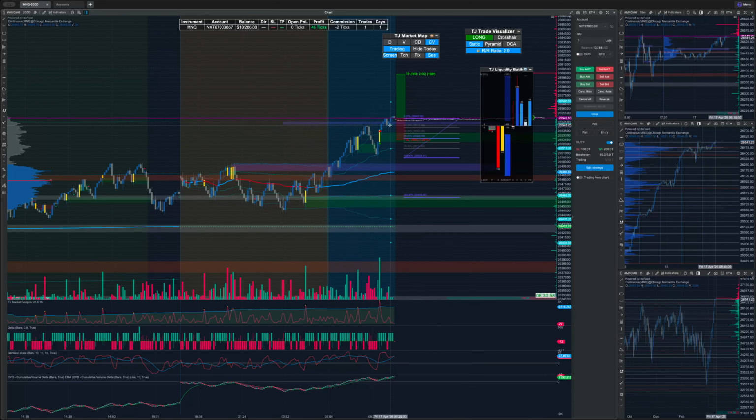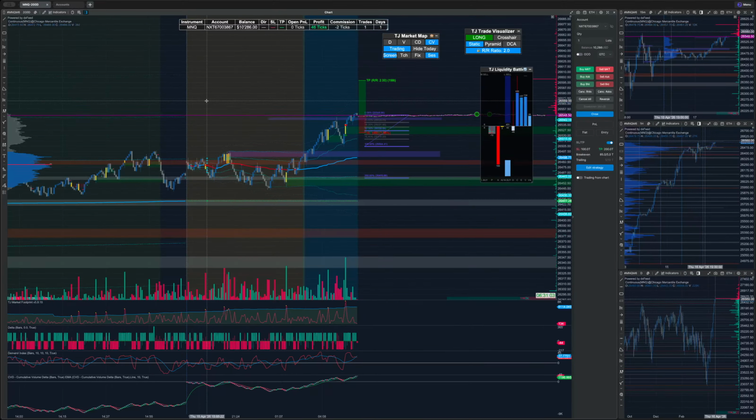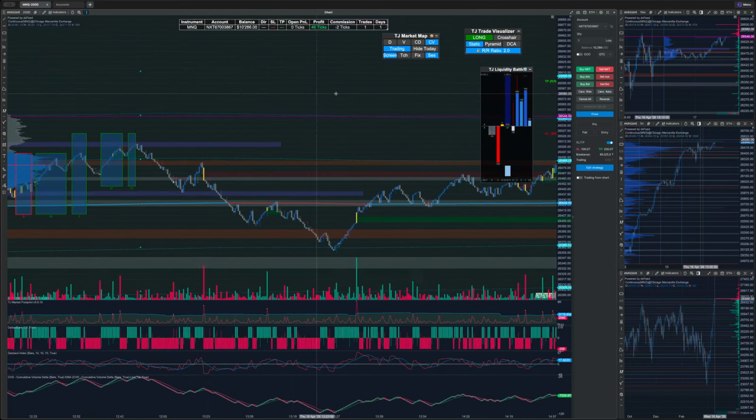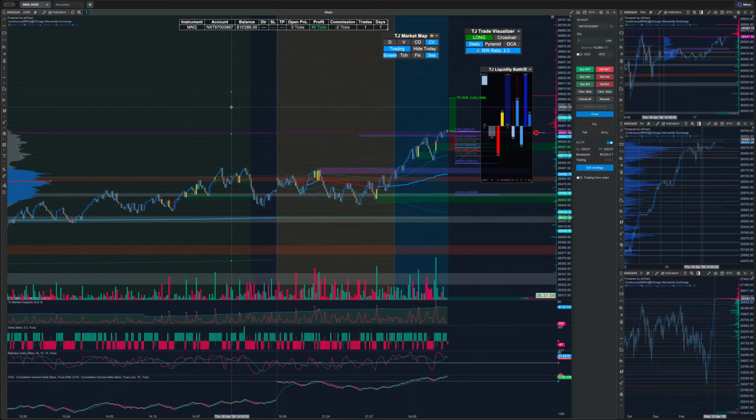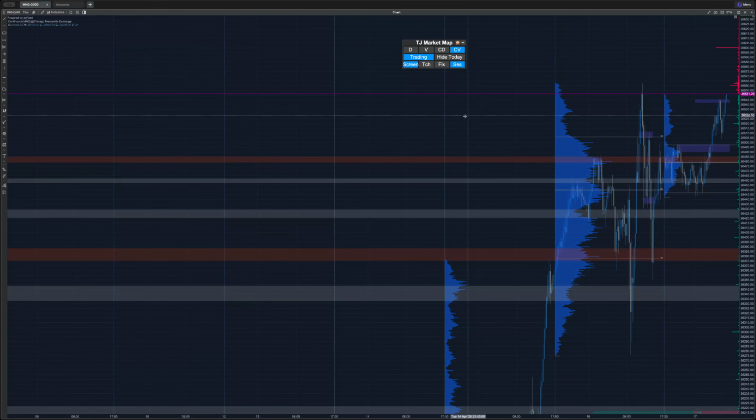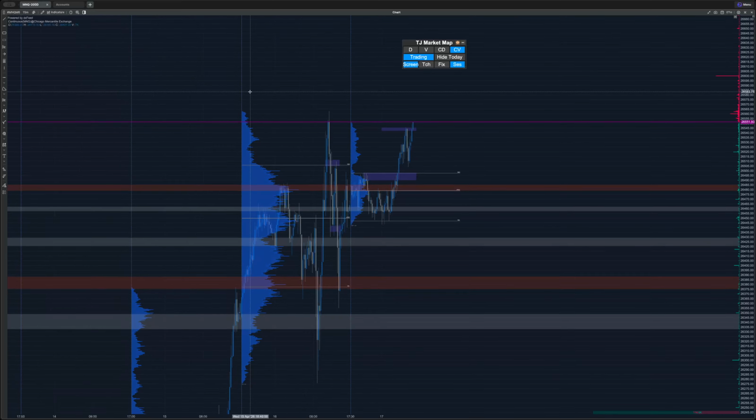It is close to the new all-time high, the all-time high from yesterday. I'm wondering why I didn't mark that one as high. Let me check that one here.